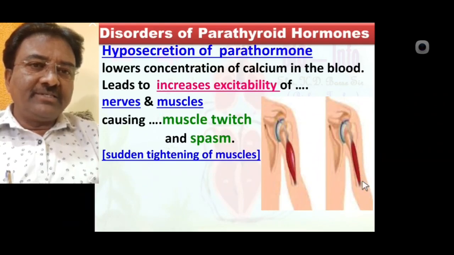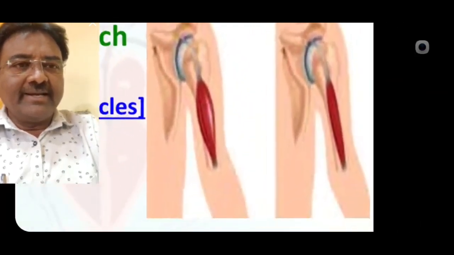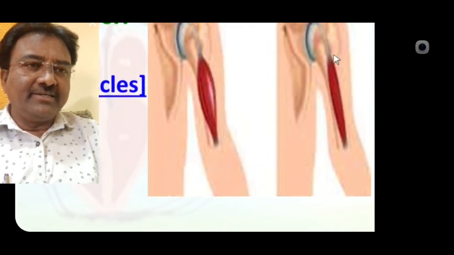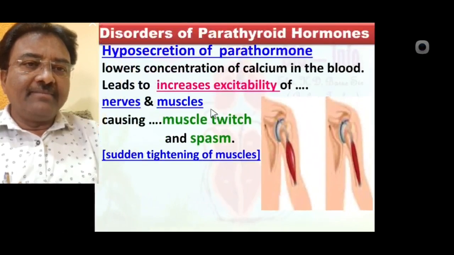So due to this, there is sudden tightening of muscles. This figure shows the sudden tightening muscle condition, and this one is the normal muscle condition diagram.